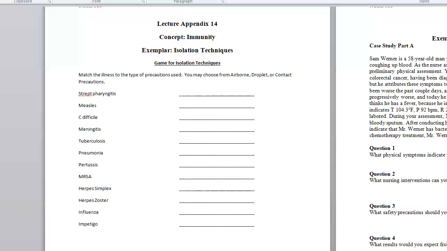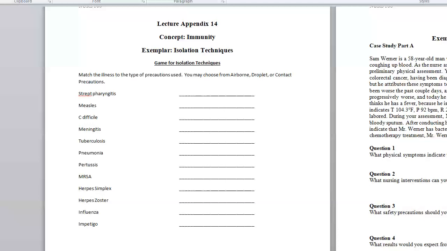The first one I want to talk about is your airborne precautions. Those are used for patients who are known to have or suspected of having a serious illness that's transmitted by airborne droplet nuclei that are smaller than 5 microns. And that's really, really small.